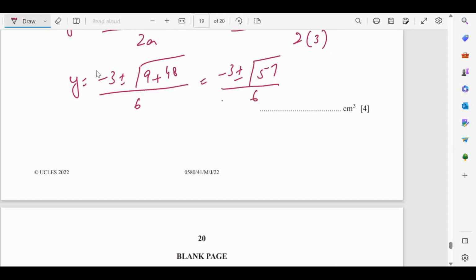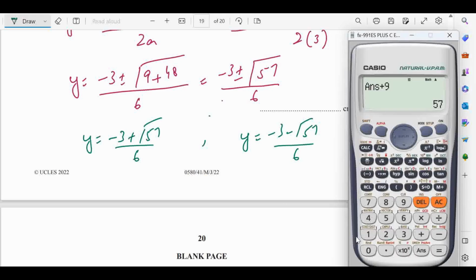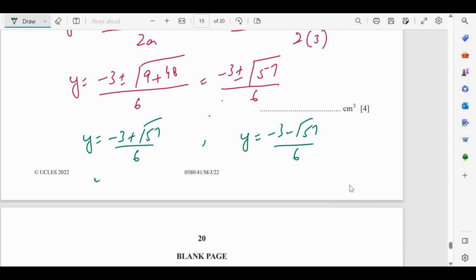Now we will have two values of y. One will be y is equal to minus 3 plus square root of 57 divided by 6, and the other one will be y is equal to minus 3 minus square root of 57 divided by 6. Now if we calculate minus 3 plus square root of 57 divided by 6, this will be equal to 0.758, so y is equal to 0.758.